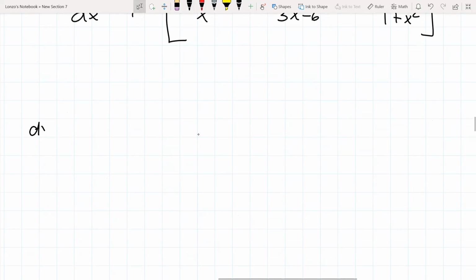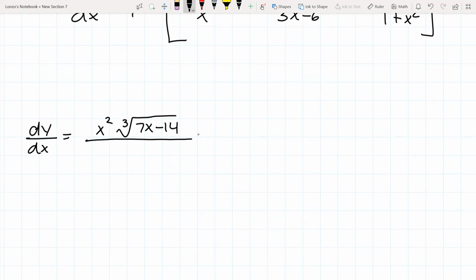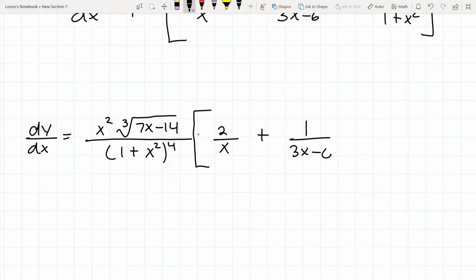Okay, so your final answer is going to be dy over dx equals x squared. So this is your final answer.